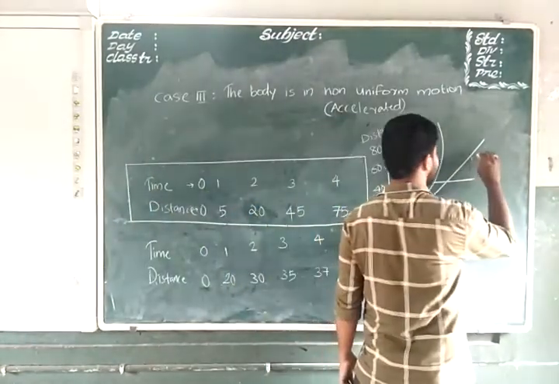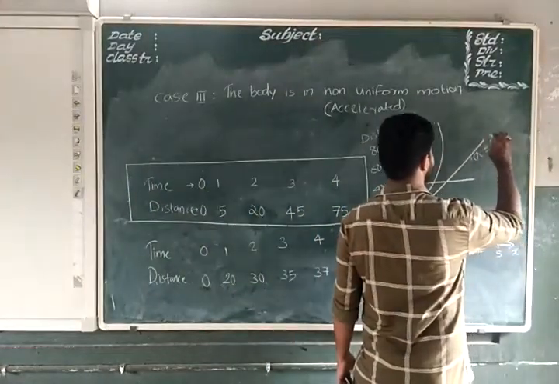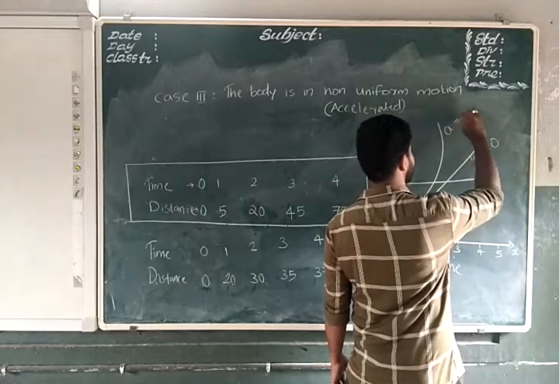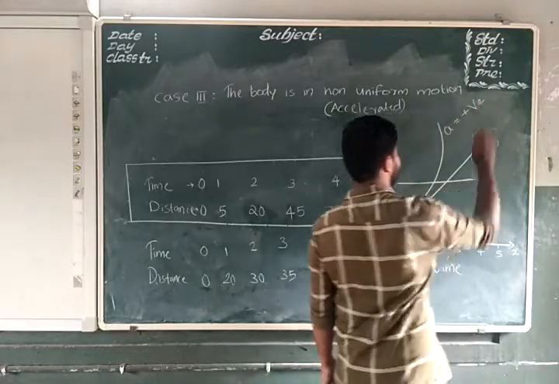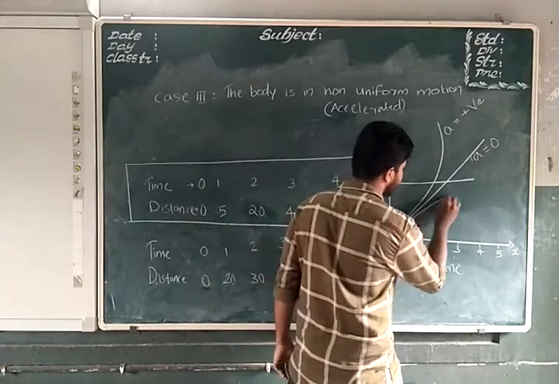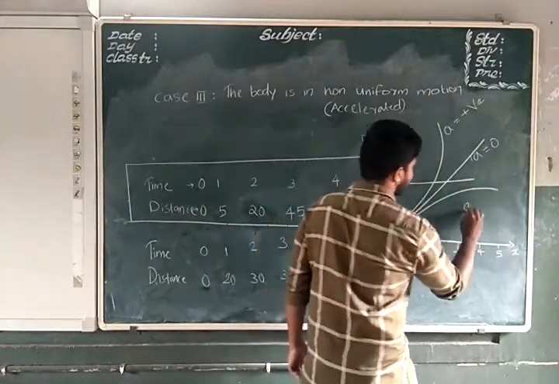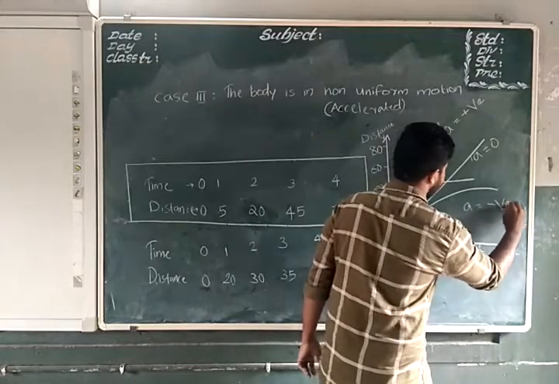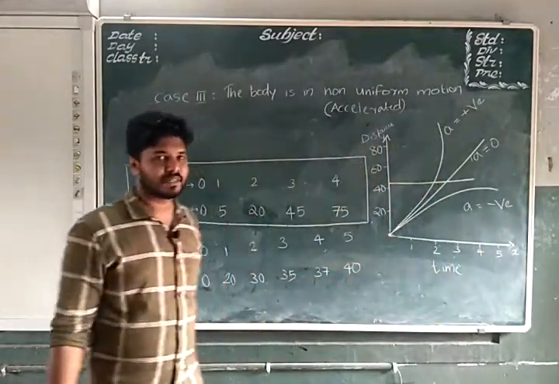And in the uniform case, acceleration is equal to 0. Here acceleration is positive. And the last case we studied, acceleration is negative, or the graph of retarded motion.